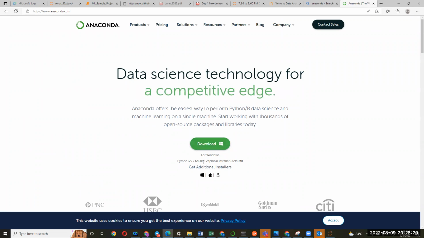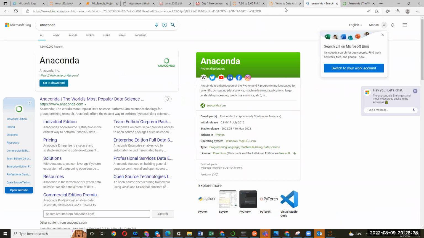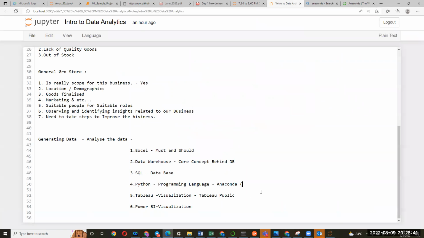You can download it and you can install it. This is also open source.